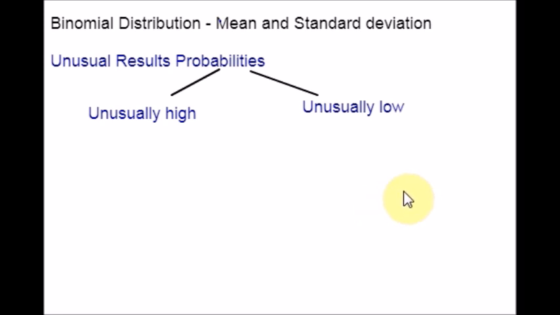Okay, using probabilities to determine when results are unusual. Let's see that. There are 2 types. One is unusually high and another one is unusually low. If X is the number of successes in N trials, X successes among N trials is an unusually high number of successes if the probability of X or more is less than or equal to 0.05.